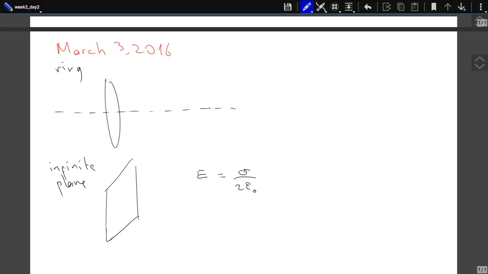Or x is approximately, this is 2d, or x is approximately, and this is minus 0.4d.